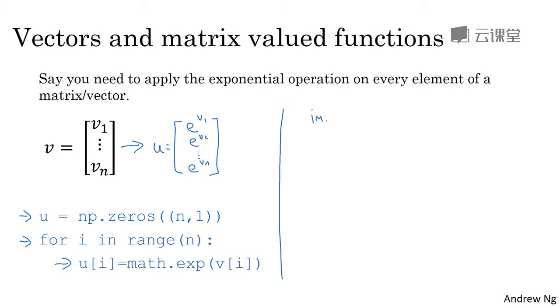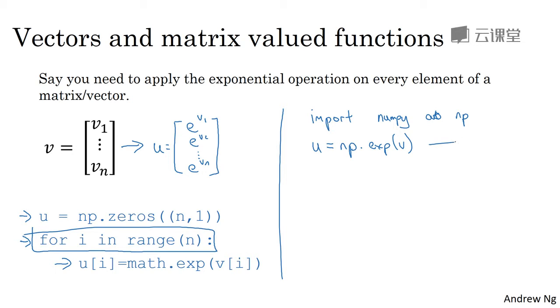So what I would do to implement this is import numpy as np, and then you can just call u equals np.exp(v). Notice that whereas previously you had an explicit for loop, now with just one line of code, where v is an input vector and u is an output vector, you've gotten rid of the explicit for loop, and the implementation will be much faster.